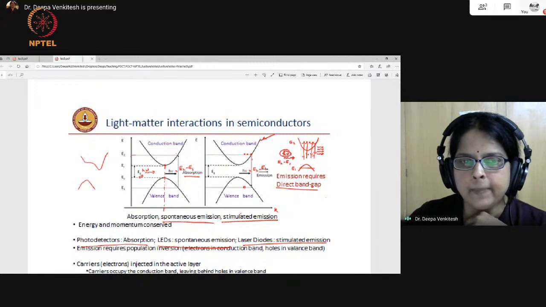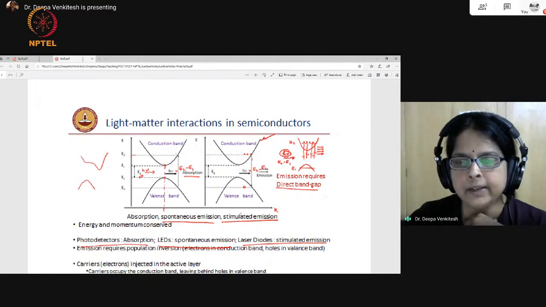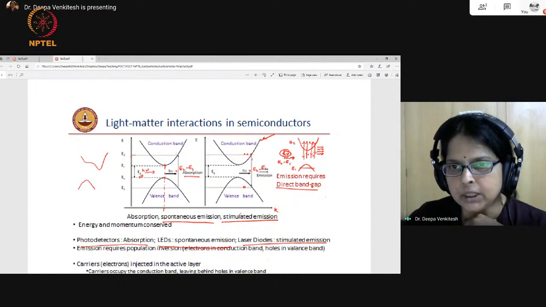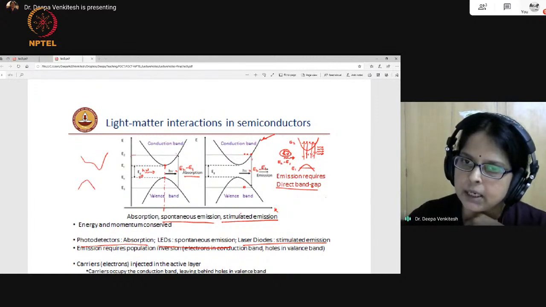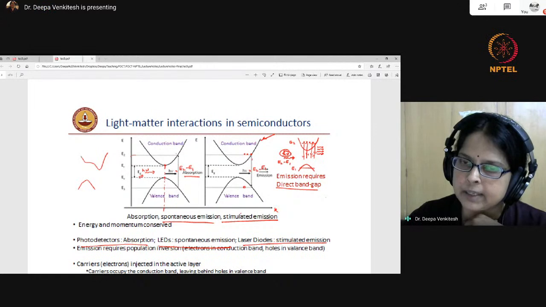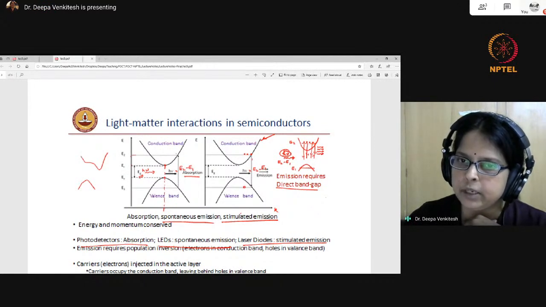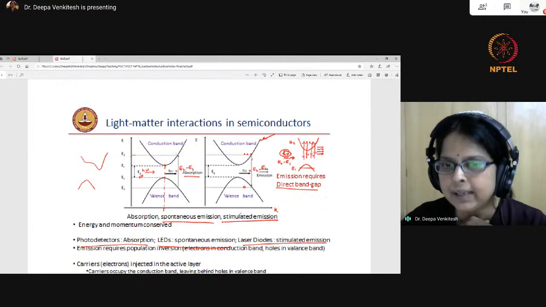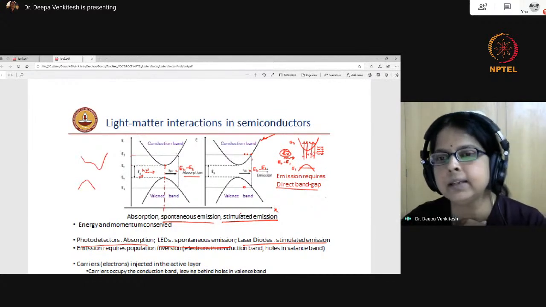So in net effect, you will end up with more absorption rather than emission. Hence, when I say population inversion, it means you need to have electrons available in the conduction band so that they can recombine with the holes and create emission.